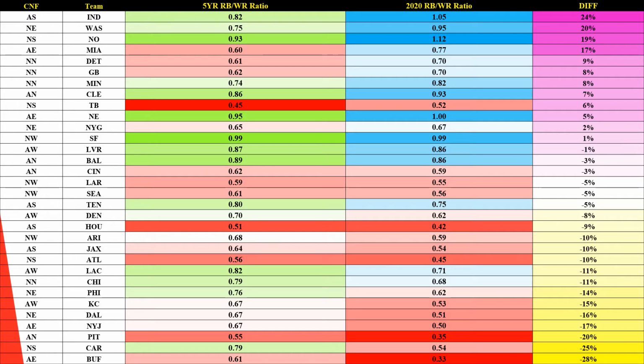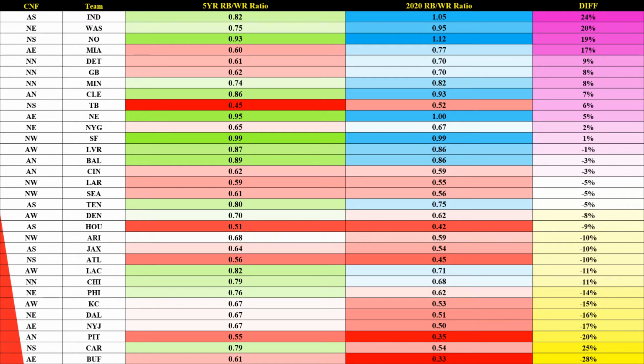So what we have here is the conference team 5 year RB versus WR ratio, and 2020 RB versus WR ratio and the difference. So we're looking for teams that change patterns, use their running backs more or less as compared to the wide receivers.